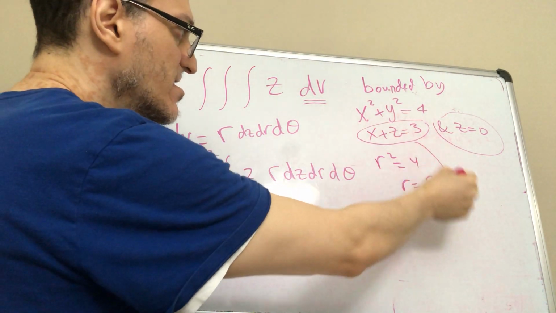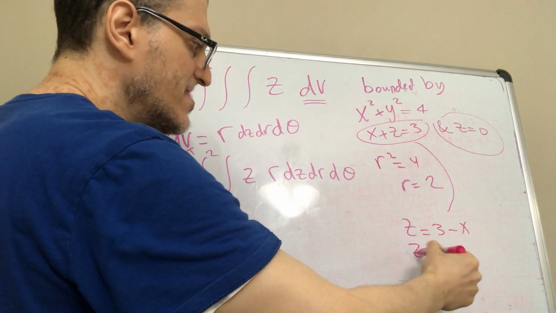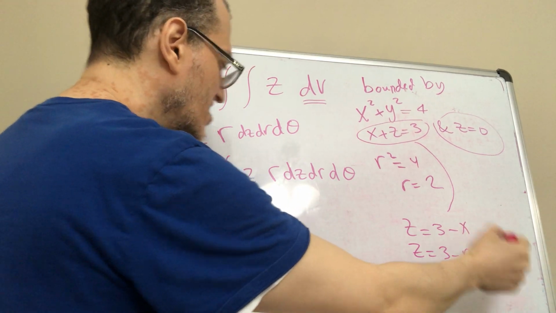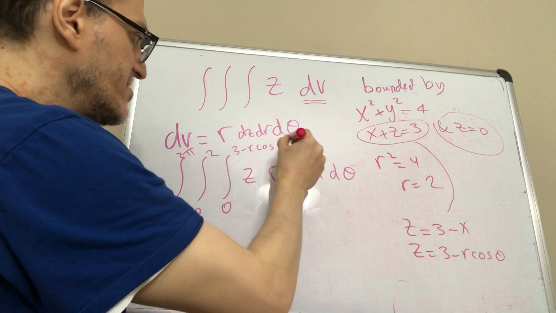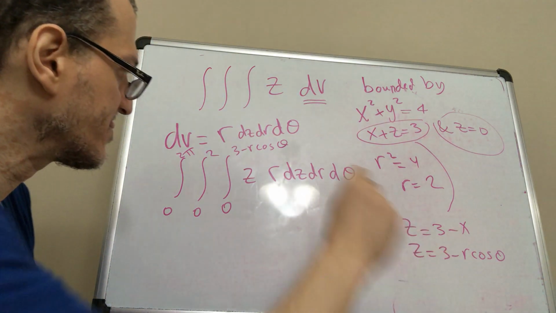Here, z is 3 minus x, and in polar, that would be r cosine theta. So we go 3 minus r cosine theta. So it becomes a pure integral.